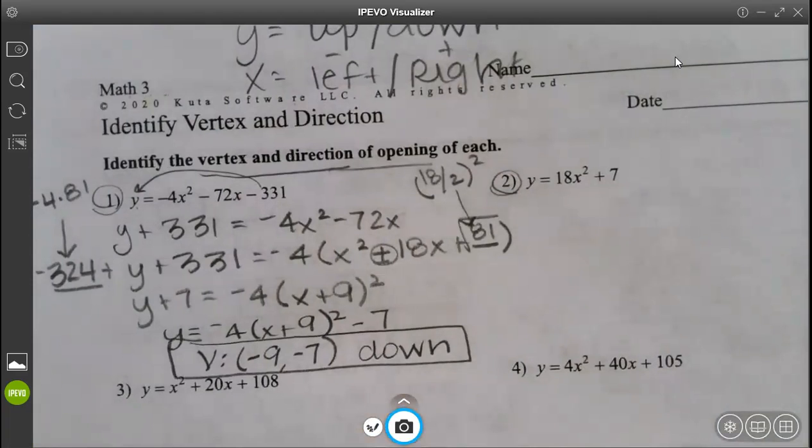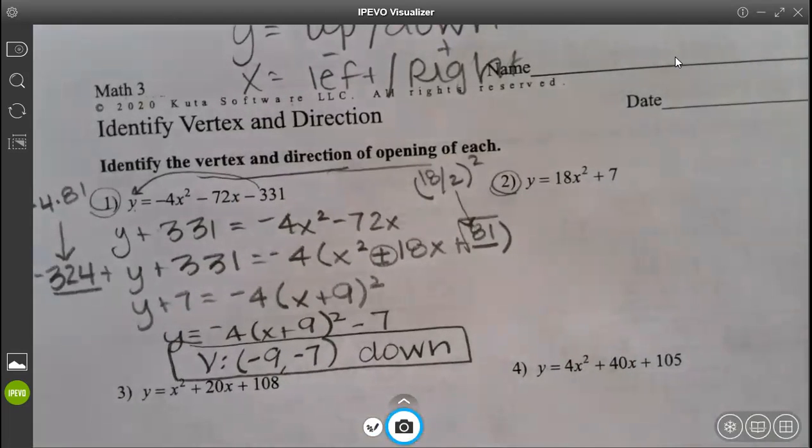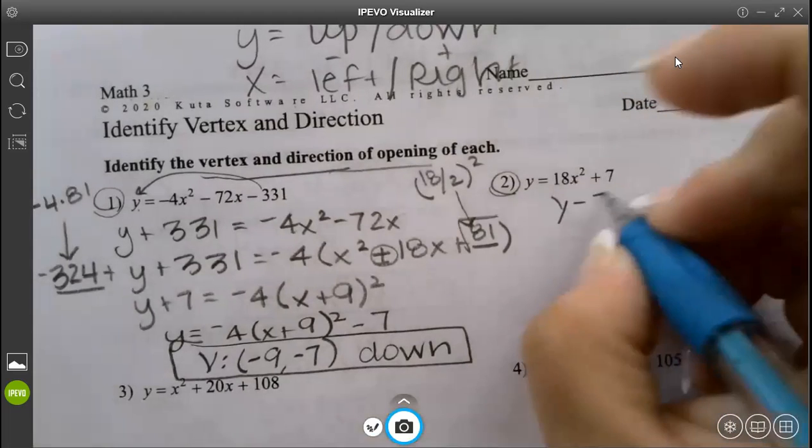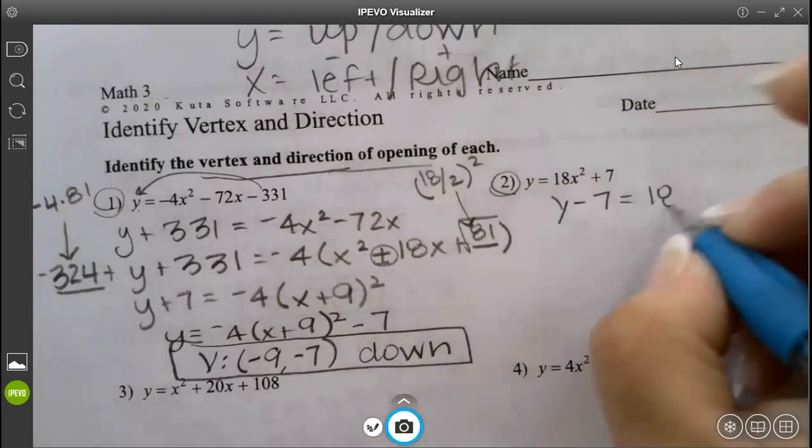So if we look at number 2, I wanted to do number 2 because it doesn't have that middle x term. Okay. I think you may have had one on one of your questions on your assignment that was like this. So I want to make sure that I go over that. Still do the same thing. Move that 7 over. So y minus 7 equals 18x squared.